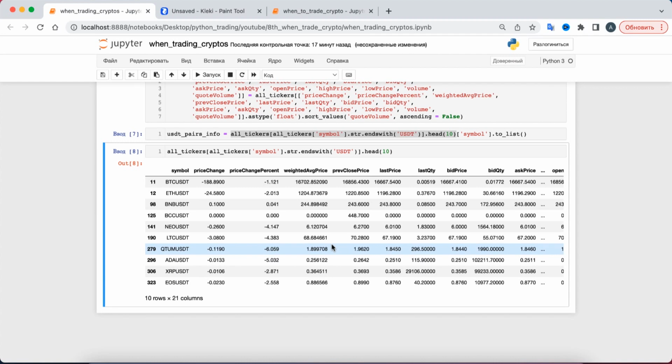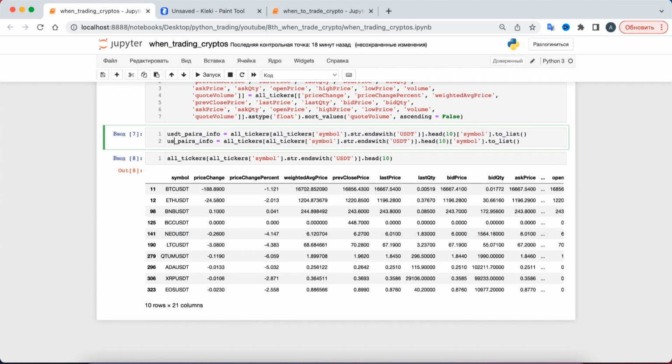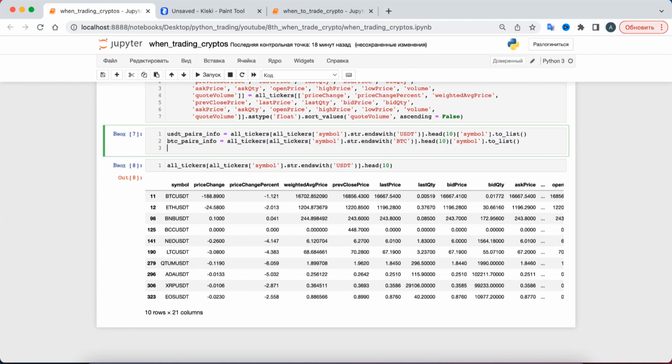Those assets have the biggest trading volume, and this trading volume is in USD, because we have this filter with USDT. Also, if you want, you can change the main value of this filter, for example, to BTC or Ethereum.